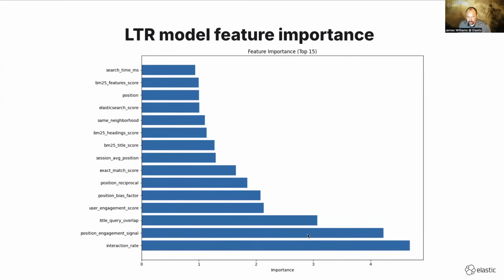If it's a lower position, the model is actually going to boost that in terms of importance because it shows that people are really interested in the property, even though it's not showing up in the top of the search results. The last heavily weighted feature is whether or not the title of the property overlaps with the query. And this might have something to do with why the LTR model didn't score so hot on the relevance for the test that we ran.